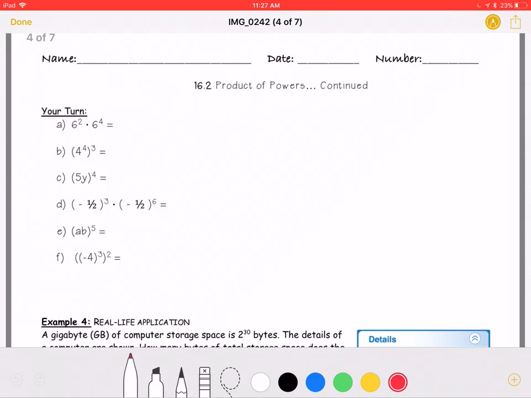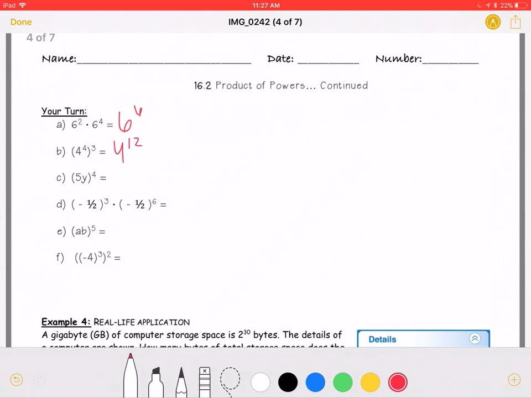All right, let's go over these. You should notice our first example A, we have our product of powers. Keep that same base. Since these are being multiplied, we really just add our powers together. So 2 plus 4 gives us 6. Next one, we have power of a power. So power to a power, we multiply.